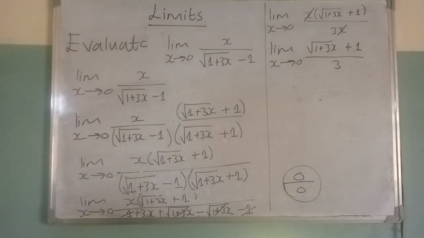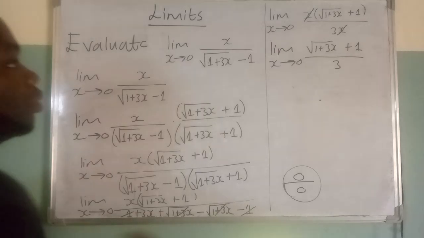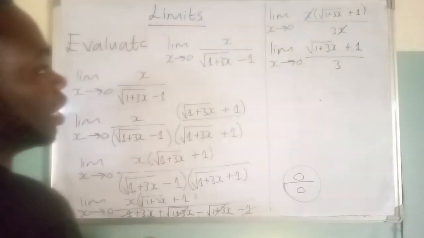At this point now, we can substitute the value of x. Since x is approaching 0, you substitute 0 where there is x.